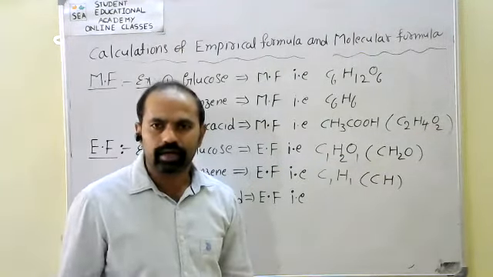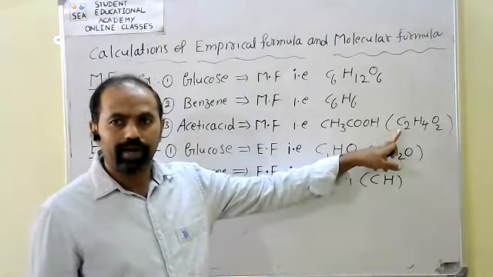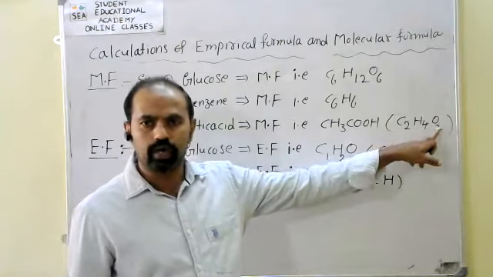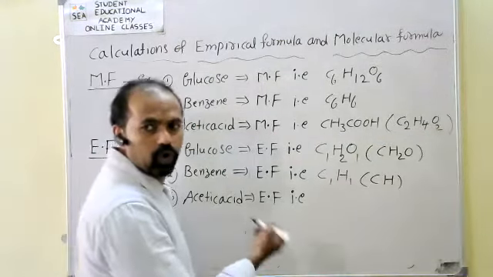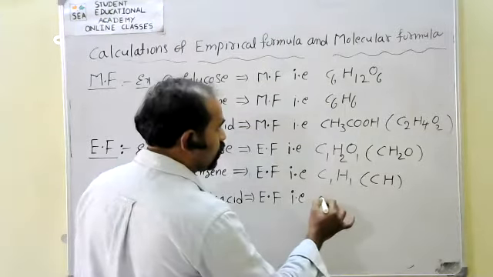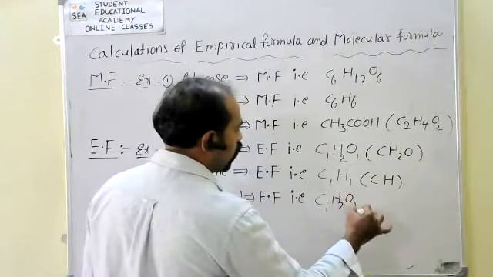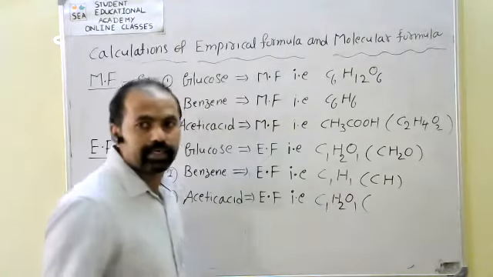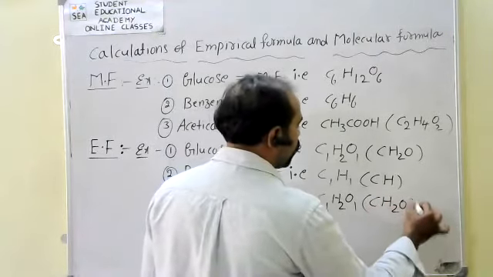What about the simplest ratio? 1 is to 2 is to 1. That is nothing but CH2O.